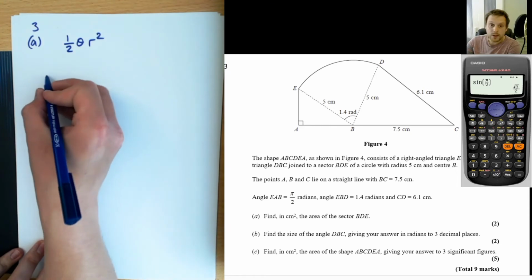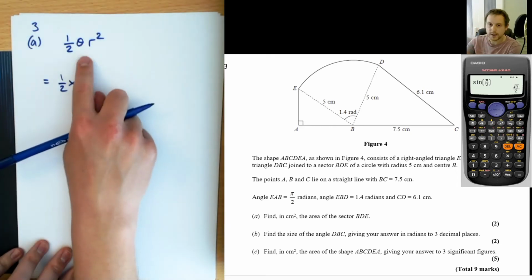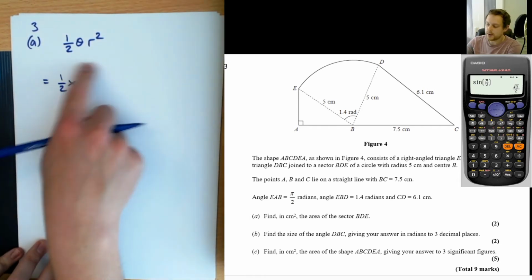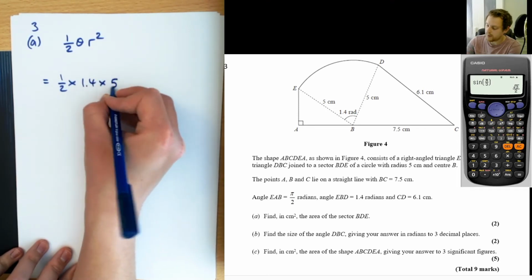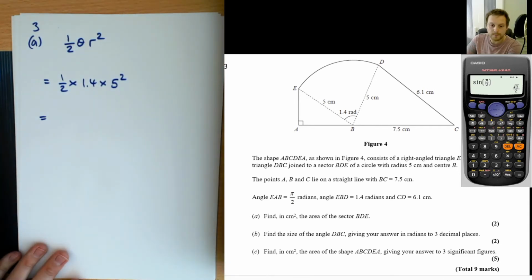So anyway, in this question, this is a half times, and because we're in radians, we get to use this nice formula. That's the point. Because we're in radians, we get to just literally go a half times 1.4 times 5 squared. So, well, whatever that is. So we'll bring up... Oh, the calculator's been on the screen the whole time.